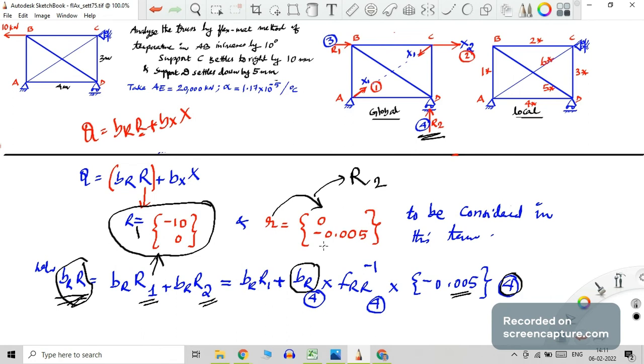Okay. So matrix coupling is also there. You know that BR size is actually two columns, isn't it? Column 3 and column 4. And FRR is also 2 by 2, you know. Its inverse multiplied by R is also 0, minus 0.05.